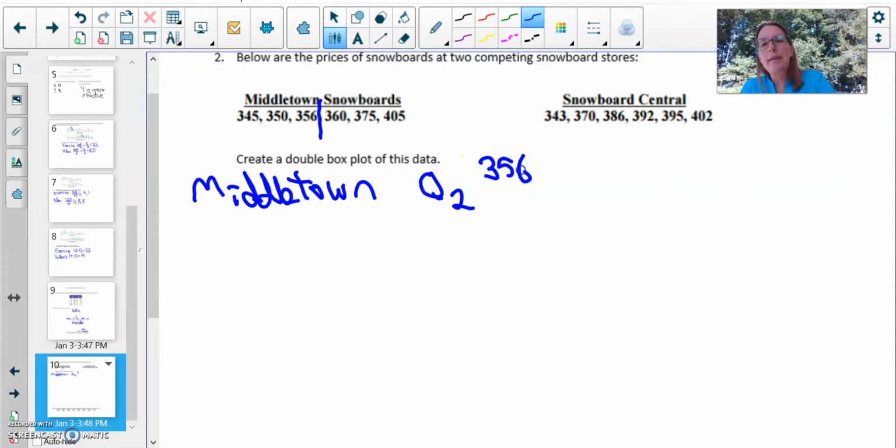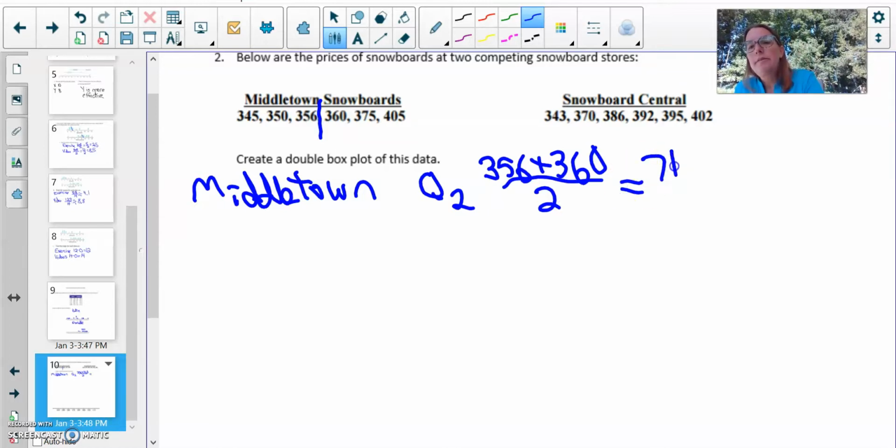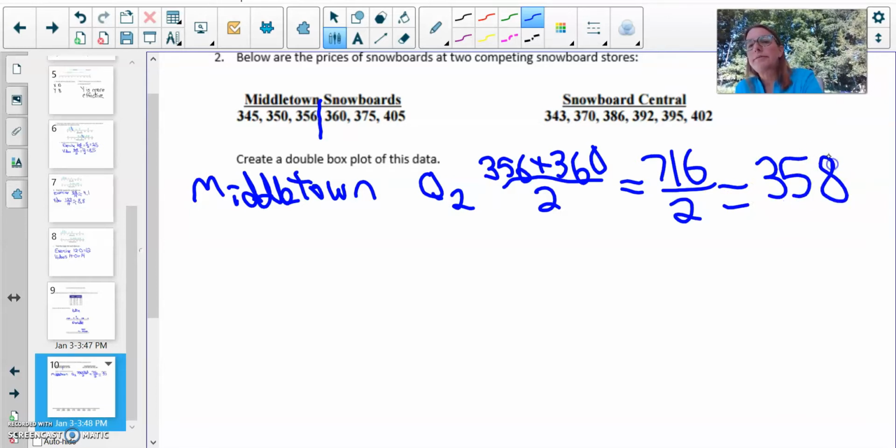So I would add them together and divide by 2. So I'm getting 716 divided by 2, which is 358. Looking at the first quartile, I would look at the lower half of the data and find its median.